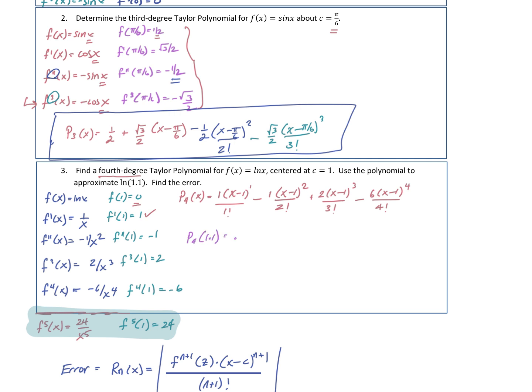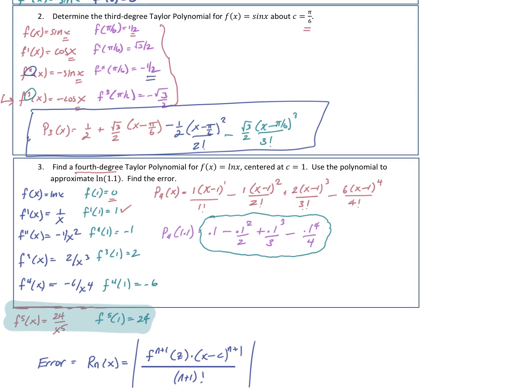So we're going to get 0.1 minus 0.1 squared over 2 plus 0.1 cubed over 3, and then minus 0.1 to the 4th over 4. So I did simplify a little bit. I simplified the factorials with the coefficient, and I just left it. But if you were to calculate this, it would be an approximation of ln of 1.1. So this approximates ln of 1.1. So there's error involved.